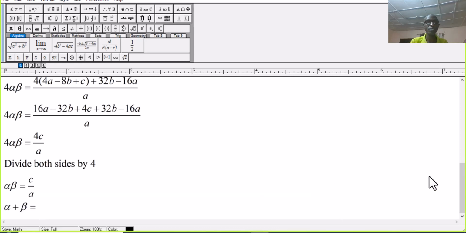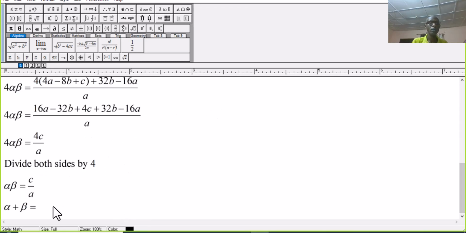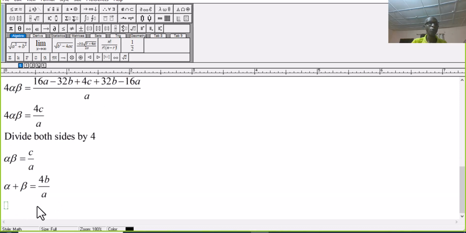We already gotten that. I copied it out. Our alpha plus beta is equals to that, then our alpha beta is that.